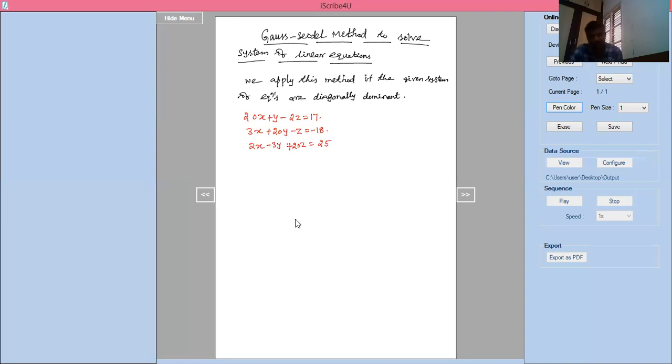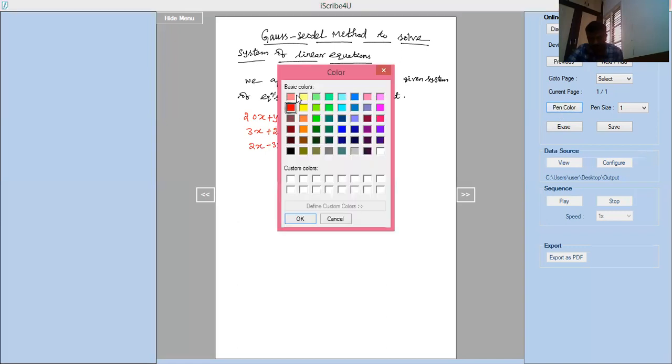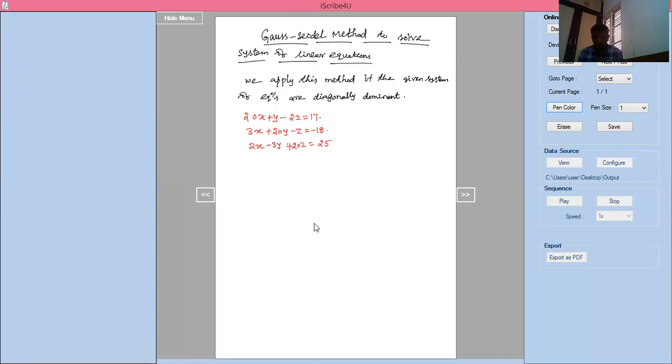Here, how do you check whether the given system of equations is diagonally dominant? Take the first equation. The first element should be 20.